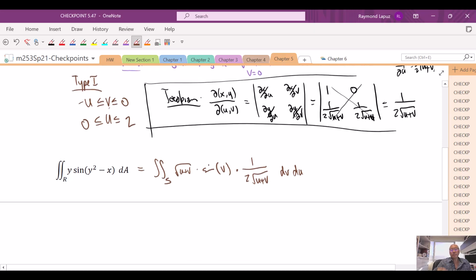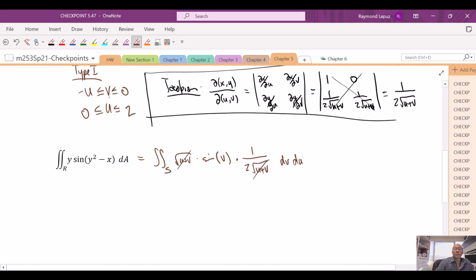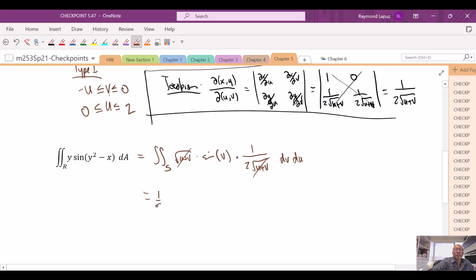And as we do this, we could see that these things cancel, which is great news. And I just have a 1/2 and then my double integral of sine v. And the v limits have to be on the inside because the limits are not constant. That's negative u to 0. And then the du goes from 0 to 2.